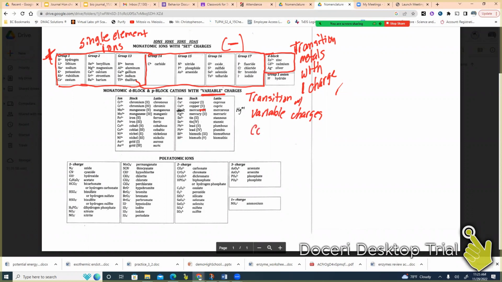So in other words, if I have copper, first of all, let's spell it. So if I have copper(II) oxide, that Roman numeral is telling me that my charge on this copper is +2.